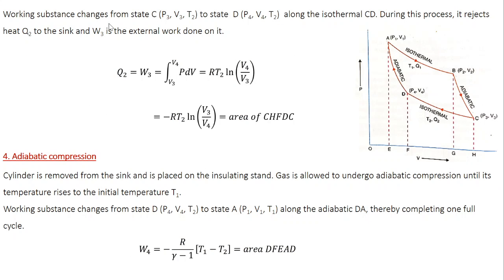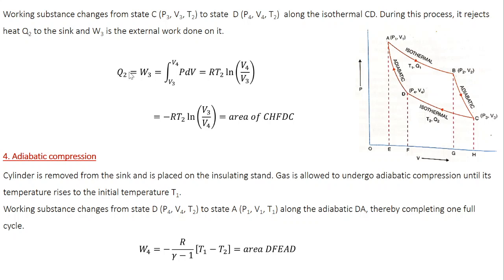And during this process, the working substance changes from initial state C, characterized by P3, V3, T2, to final state D, characterized by P4, V4, T2, along the isothermal CD. And during the process, the working substance inside the cylinder rejects heat energy Q2 to the sink. Since the volume is decreasing, the work done is on the system. We call that W3.